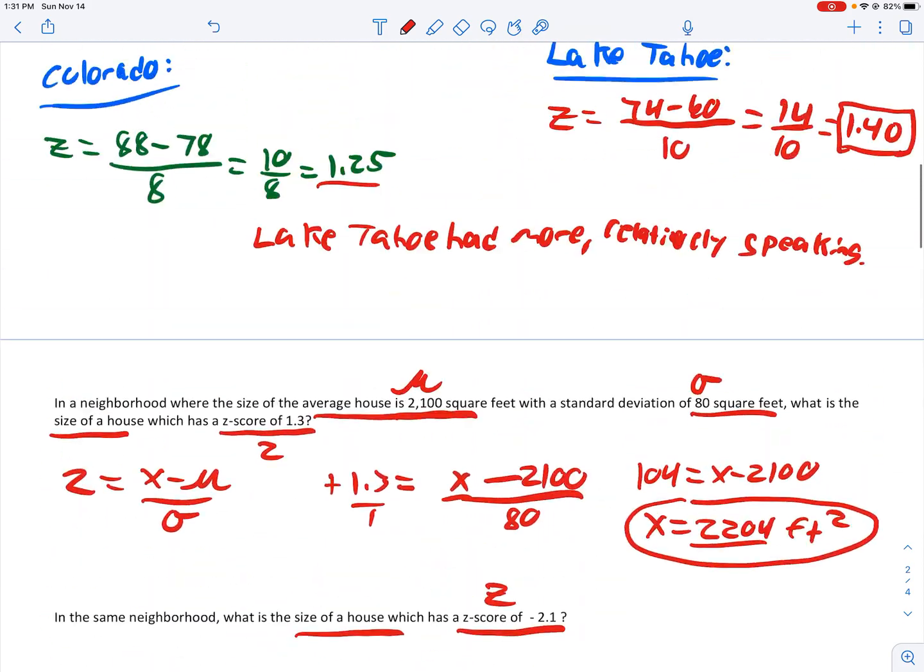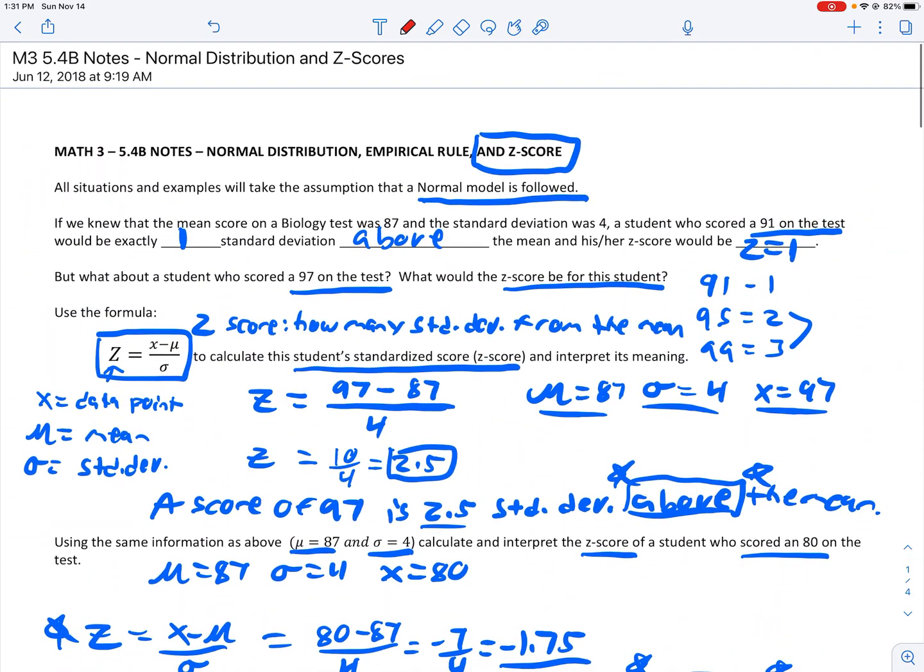Going back, the z-score is an important formula that you're going to need to be able to use. You won't have to memorize it, but you need to know how to use it. There are 4 variables, and you have to be able to solve for any one of the 4. x is your data point, mu is your mean, sigma is your standard deviation, and z represents the z-score.